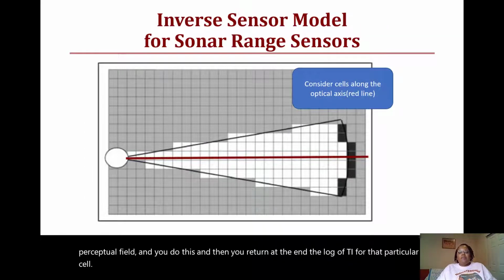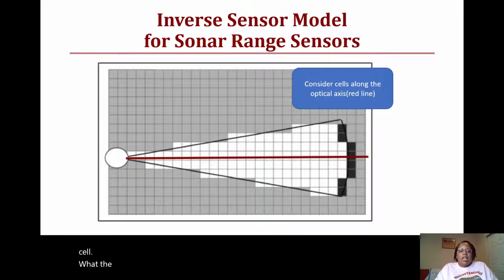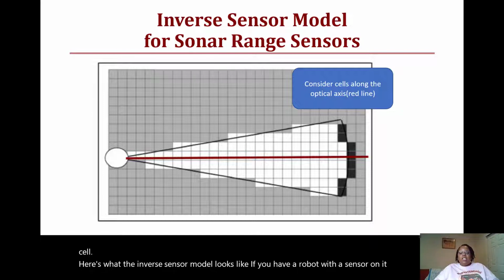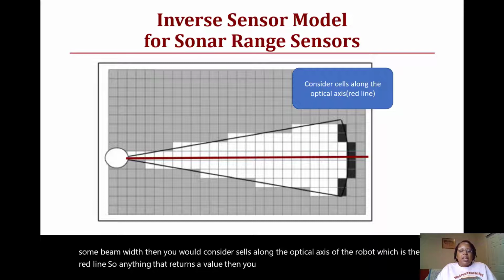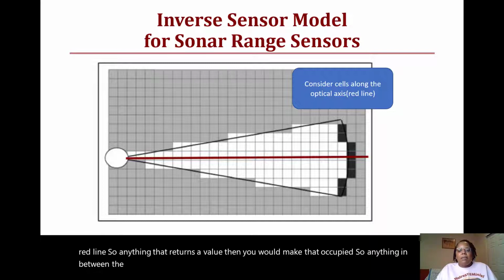So here's what the inverse sensor model looks like. If you have a robot with a sensor on it and it has some beam width, then you would consider cells along the optical axis of the robot, which is the red line. So anything that returns a value, then you would make that occupied. Anything in between the robot and that maximum range on the beam is going to be white because those cells are assumed to be not occupied unless it reflects back here at the end.